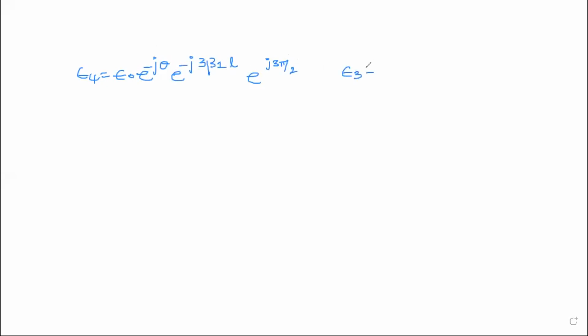Similarly, E3 is equal to E0 e to the power minus j theta, e to the power minus j3 beta 1 L.